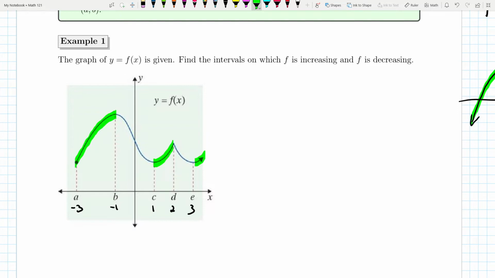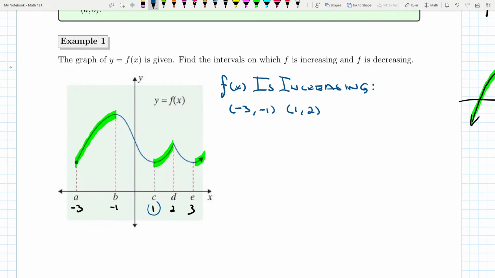So f of x is increasing on the following intervals. We need to list the interval -3 to -1. And then the following interval where it's increasing, from 1 to 2. And then finally from 3 to, well, notice this arrow pointing in this direction implies that the graph goes on forever.